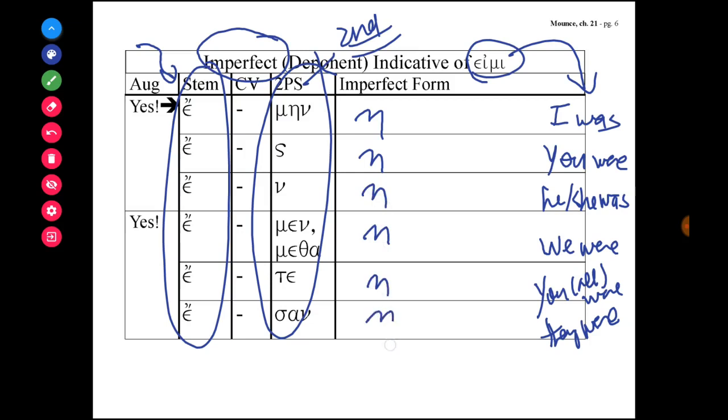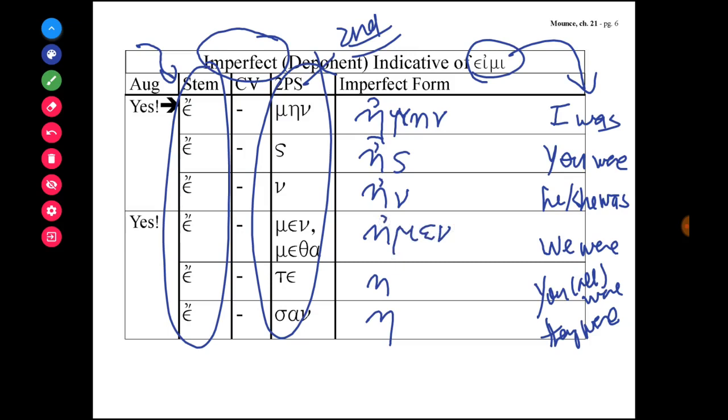So this is the stem with the augment. And so eta plus μην, so ἤμην is I was, ἦς is you were, ἦν is he, she, it was, and we actually have two forms for we were.